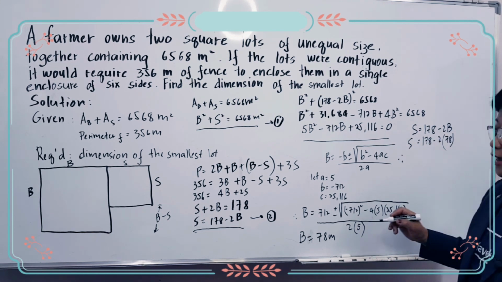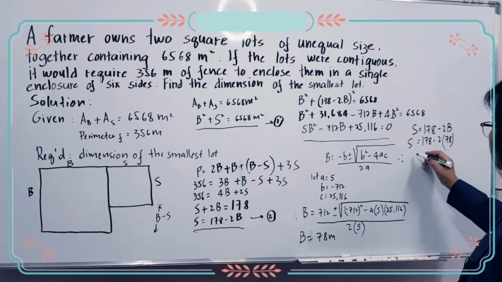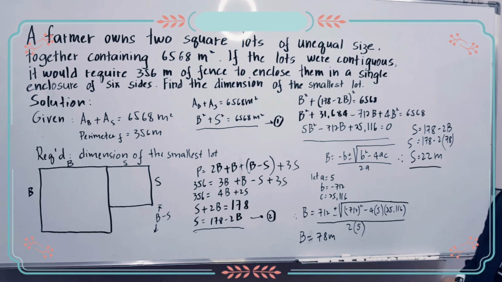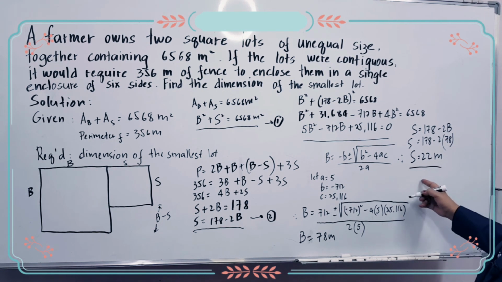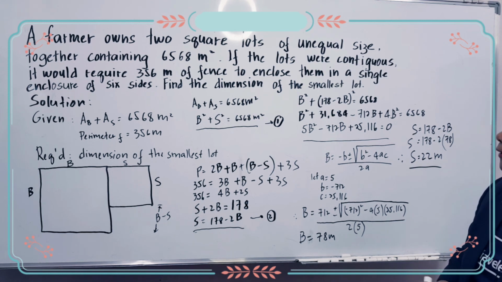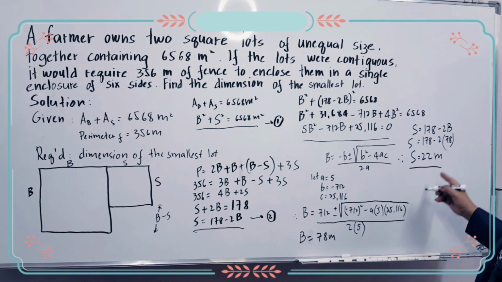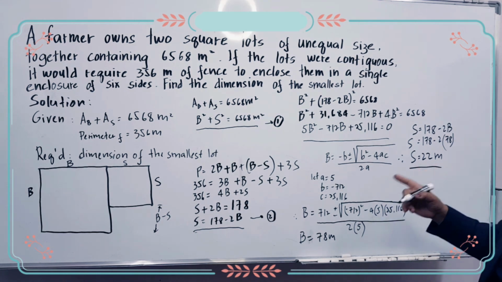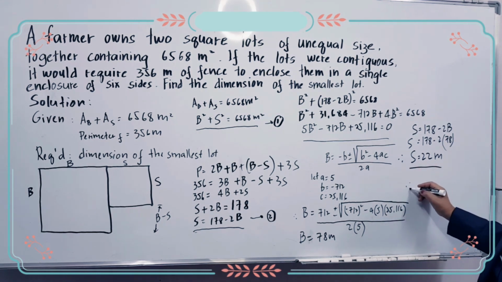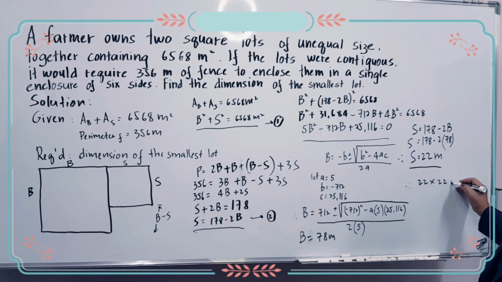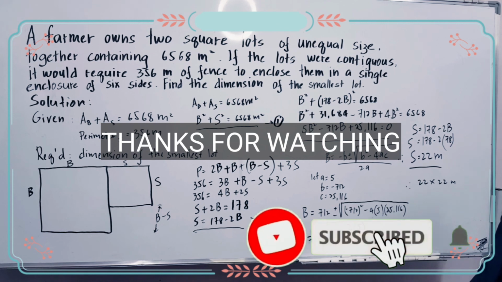Therefore, S is equal to 22 meters. This is the dimension of the smallest lot, which is equal to 22, and of course, the other side is 22. So, the dimension is 22 meters by 22 meters.